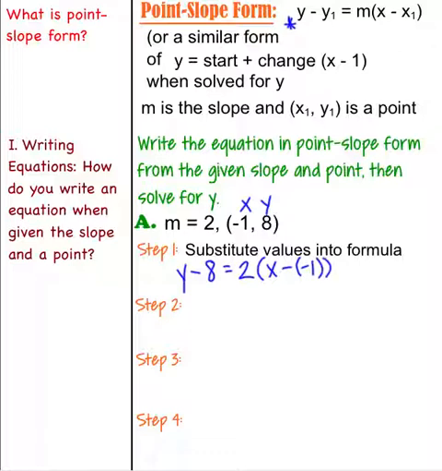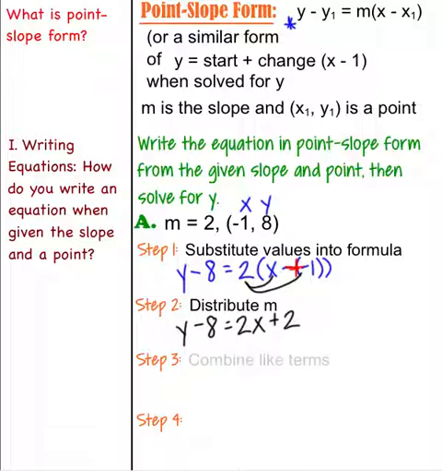Now, if you recall, when we have a minus minus, this is a plus. So then our step 2 is going to be to distribute m. So I'm going to go ahead and distribute my m to both terms, which will give me y minus 8 equals 2x, and this is 2 times positive 1, so plus 2.